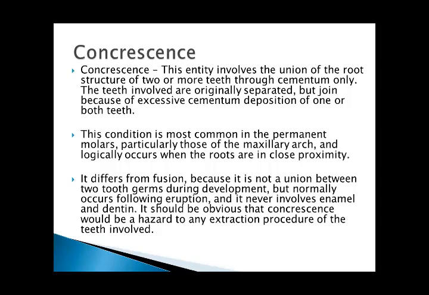It differs from fusion because it is not a union between two tooth germs during development, but normally occurs following eruption, and it never involves enamel and dentine. It should be obvious that concrescence would be a hazard to any extraction procedures of the teeth involved.